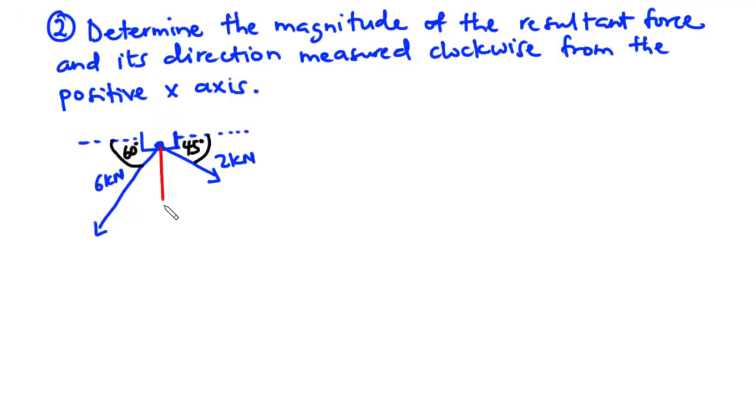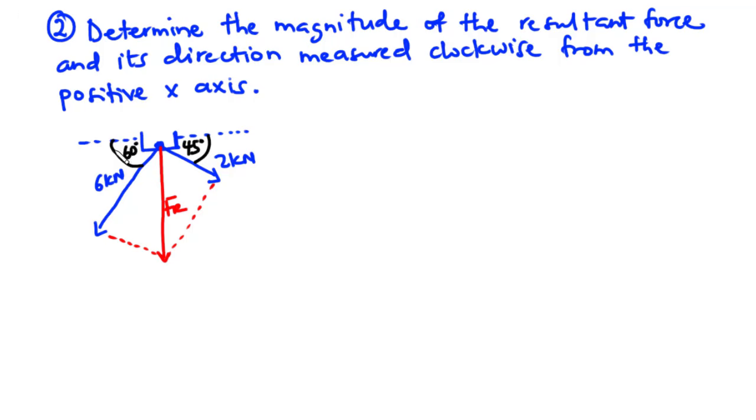So let this be the resultant force, FR. So let's draw the two lines parallel to 2 kilonewtons and 6 kilonewtons. So next, let's find the angle between the two forces.